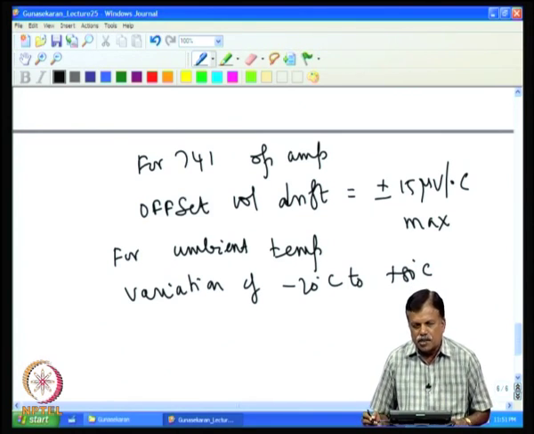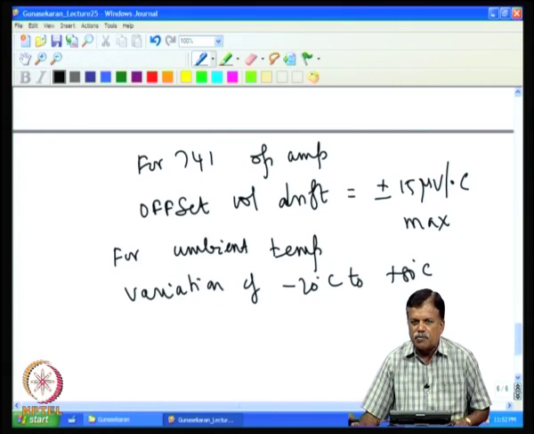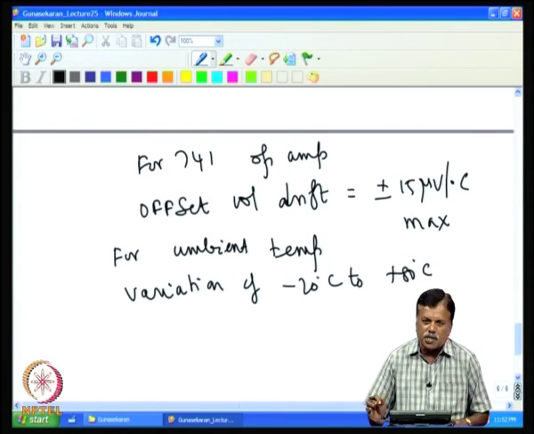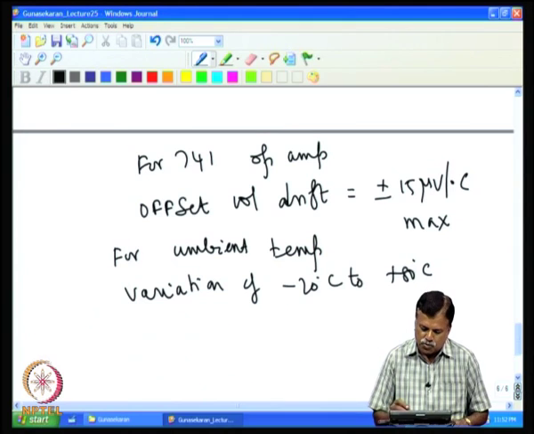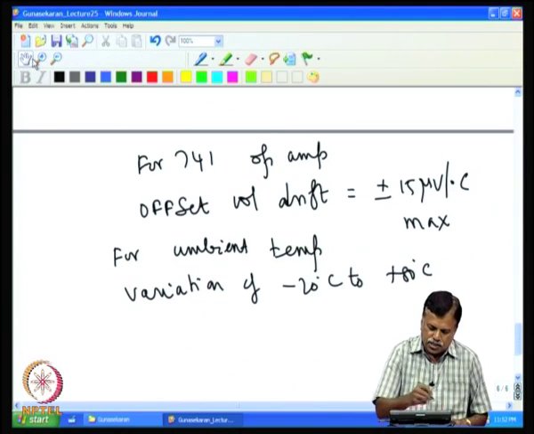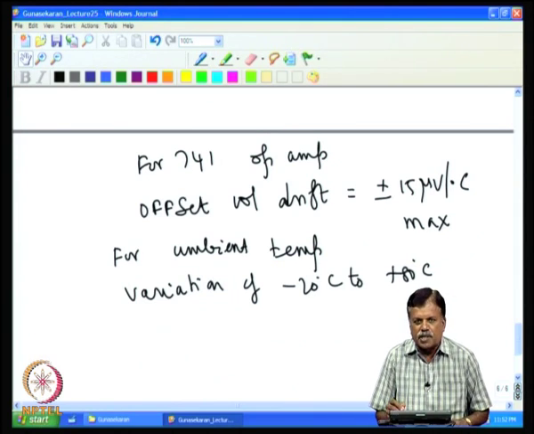The room temperature may be anywhere from minus 20 to plus 80 degree. This is because the instrument in an industrial environment might be installed straight away in the open air where sunlight falls, or ice also drops over the instrument. That is why industrial grade equipment is supposed to work in this temperature range. So, for industrial application, I assume 100 degree variation as the temperature change.